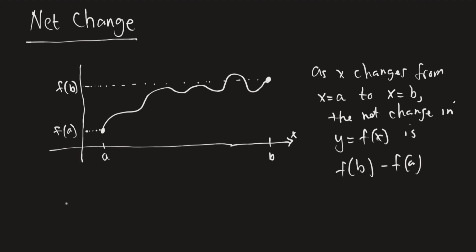So for instance, just as a brief example, if our function is y equals x cubed minus 3x squared plus 1, and let's say the interval is from -1 to 2, then I can compute the net change.